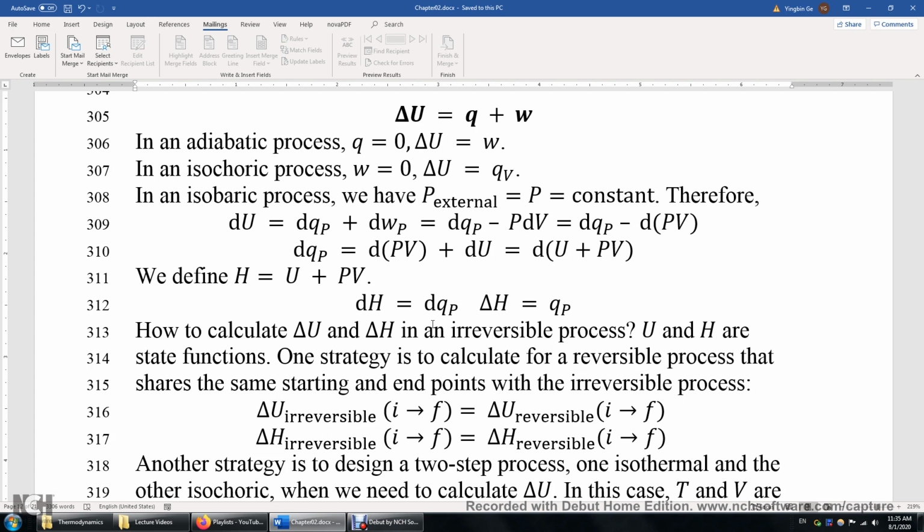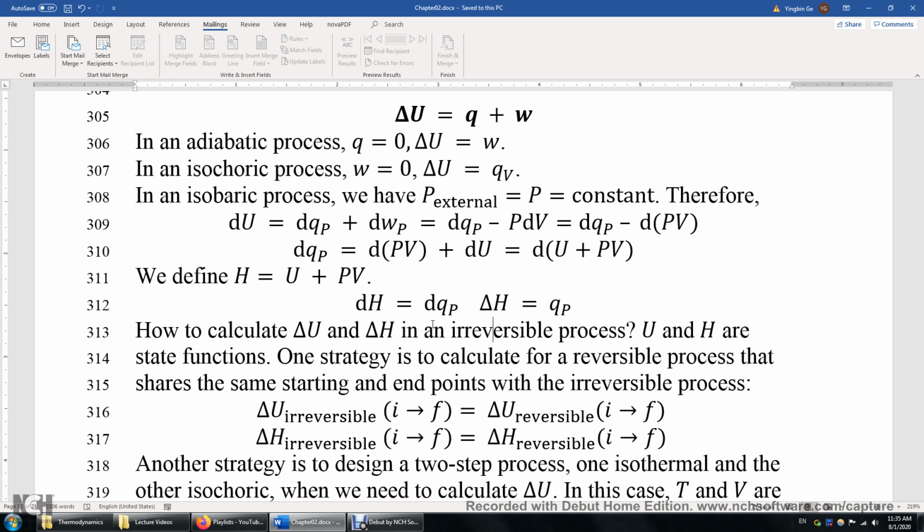Now, how to calculate delta U and delta H in an irreversible process? Because U and H are state functions, one strategy is to design a reversible process that connects the initial state and final state of that irreversible process.